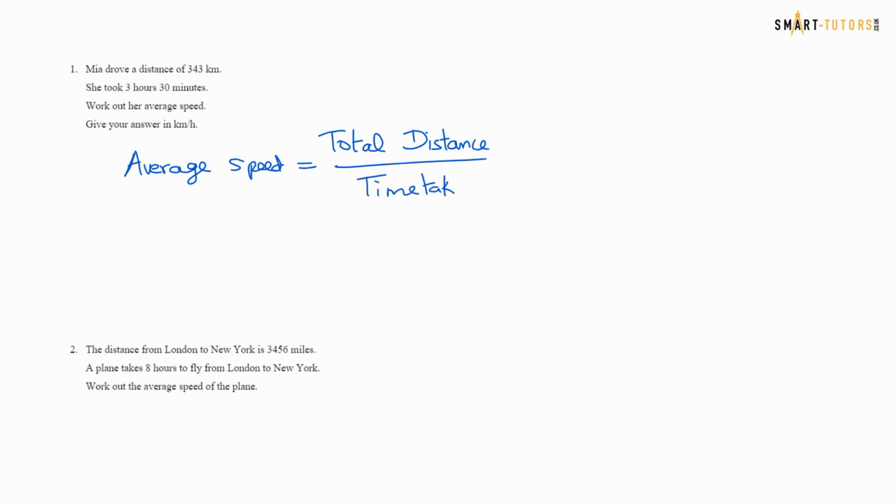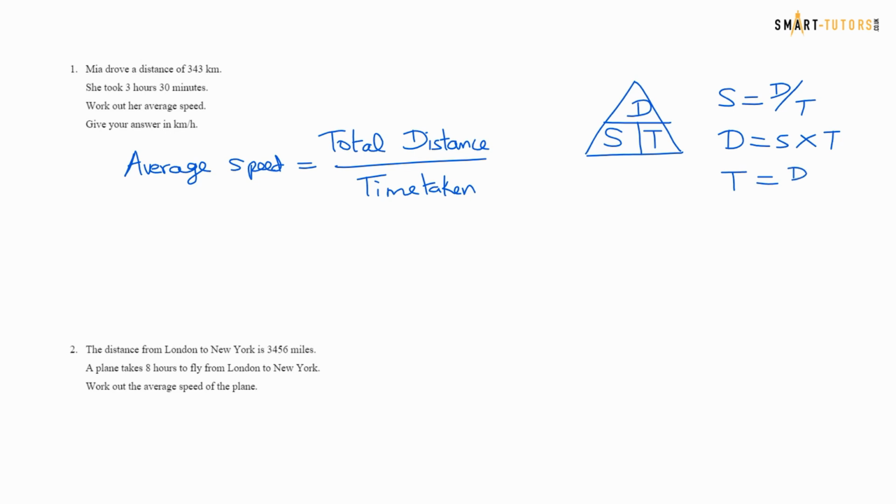We need to be careful and familiar with the equation if you use this triangular method. Always remember this: speed equals distance divided by time. Distance equals speed times time, and time equals distance divided by speed.